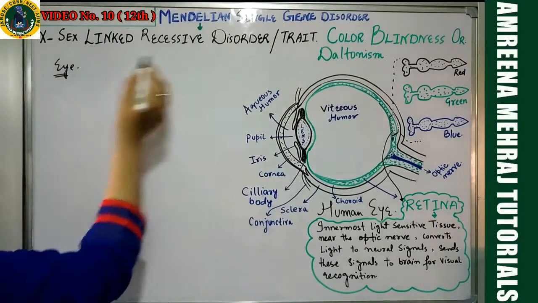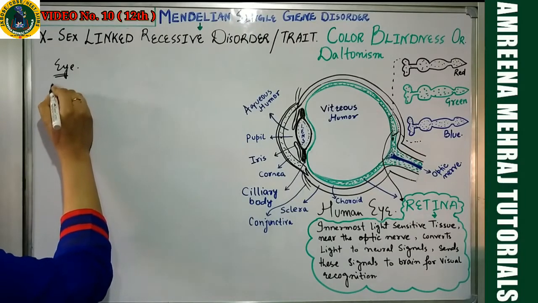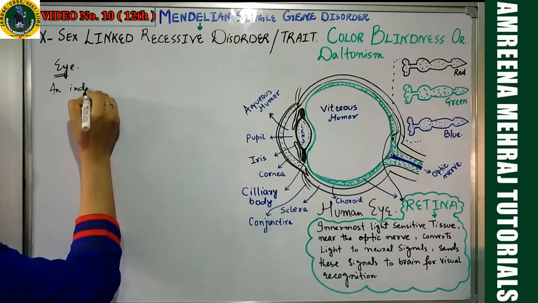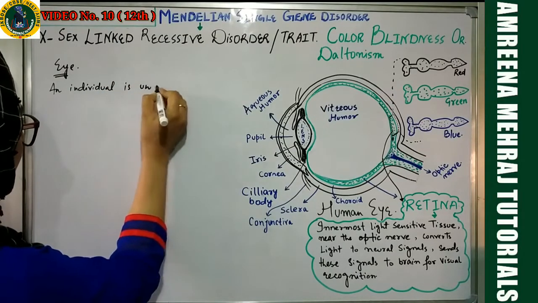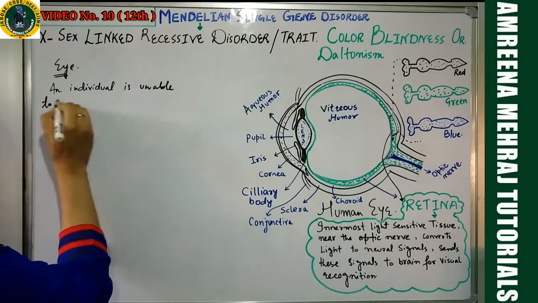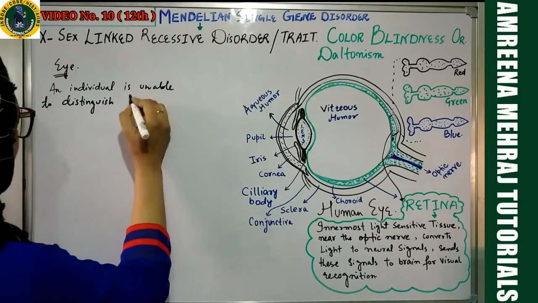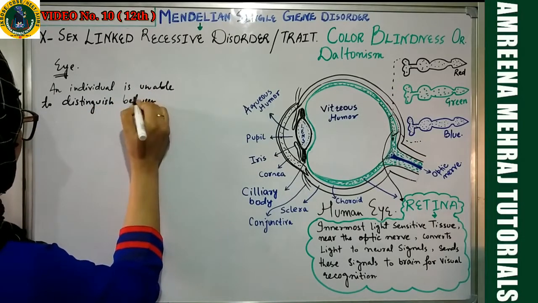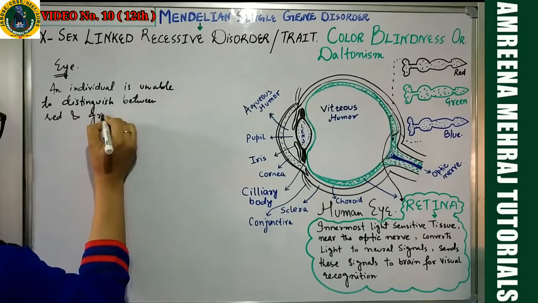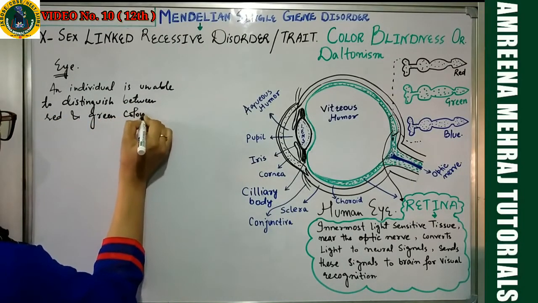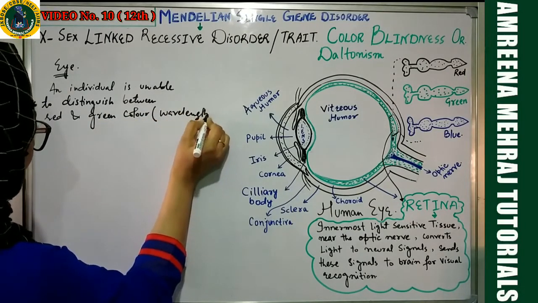So I'll write down: in this disorder, an individual is unable to distinguish between, specifically I'm talking about, red and green color, or I must say the wavelengths, the lambda, okay? The wavelengths.